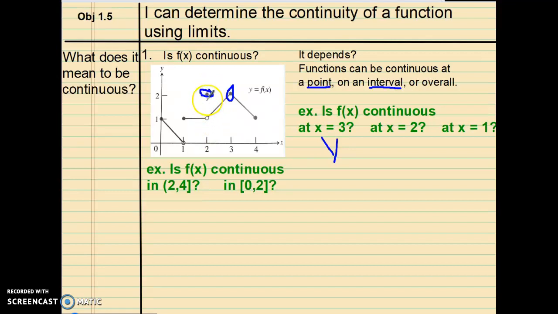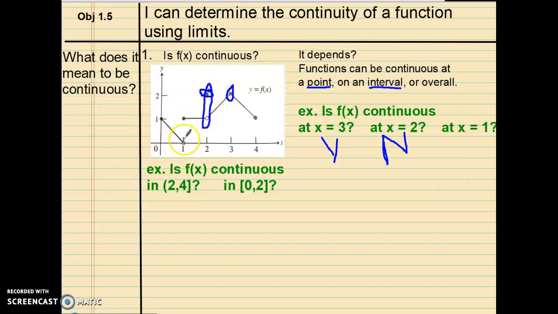But you do have a discontinuity because, you can see here, sorry, it's kind of sloppy, that you really couldn't draw this part of the graph without lifting your pencil. You've got a gap and then the point on top. So I'm going to go ahead and say that that's a disruption at x equals 2, so no, that is not continuous.